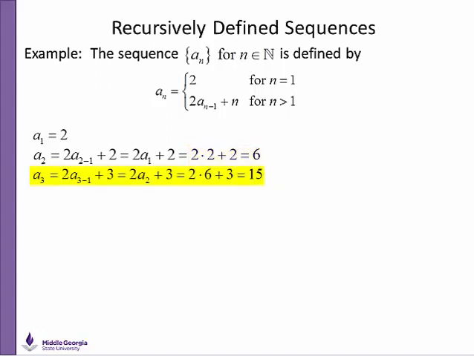a sub 3. We have to substitute 3 into two places in the definition. The first is in a subscript, the second is a term that's being added.